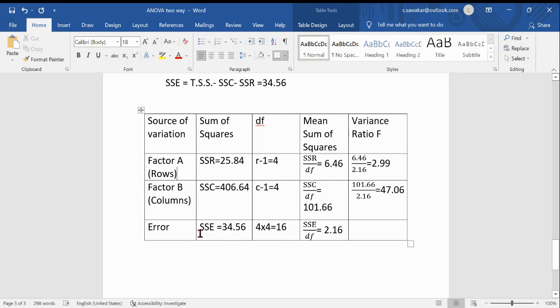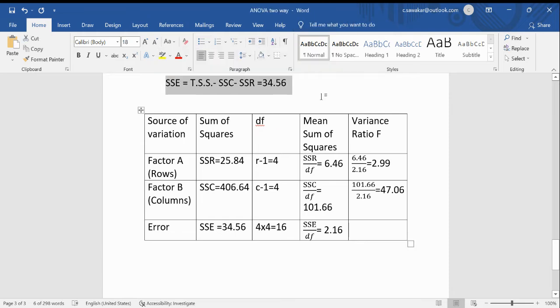And the third one is error. Error is SSE, the sum of the squares of errors. This SSE also we have calculated, that is 34.56 here.